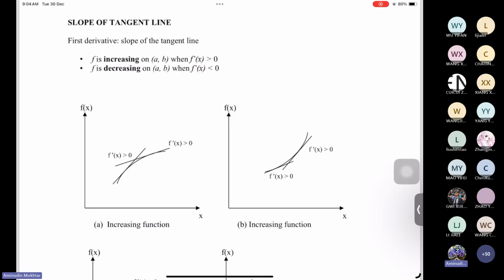When the value of the first derivative is positive, we can conclude that the graph is increasing because the slope is positive. But when the first derivative is negative, the graph is decreasing, because the slope is negative.